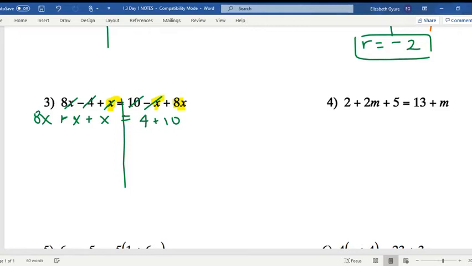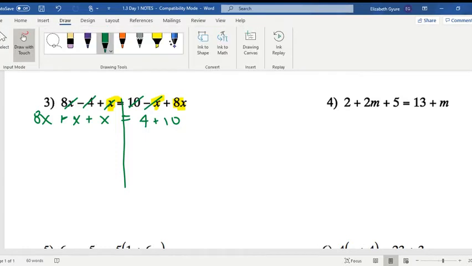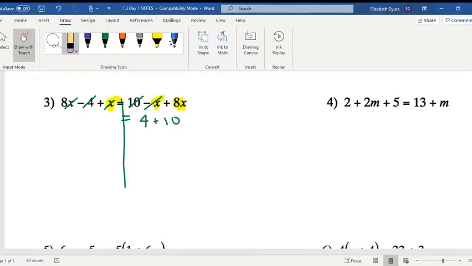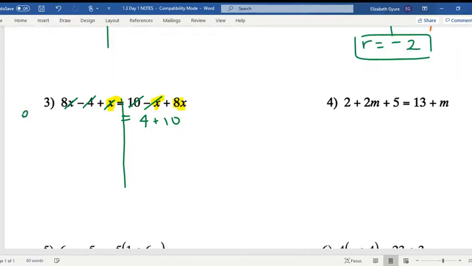And then last part here, 8x. Again, I'm running out of room. Let me scoot this stuff over. It's very hard to write neatly on here. We have an 8x. I kept my other x. I have another x. And then, Brooklyn, what do you think is going to happen with that last x?